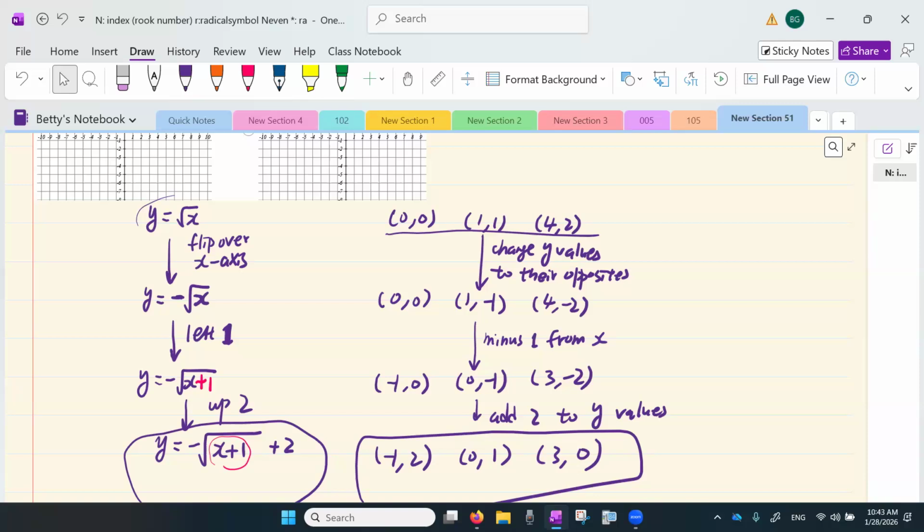Yeah, we're adding 2 to y. This is the y. If you add 2 to y, that's a vertical shift.